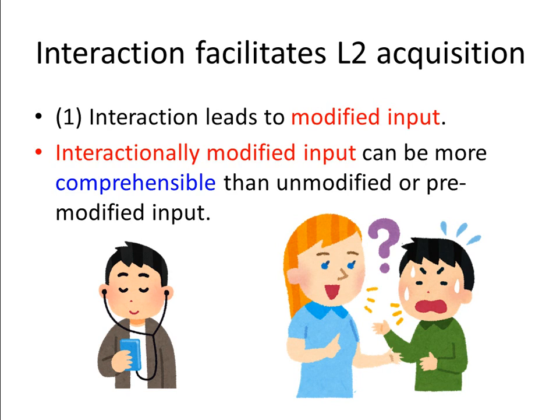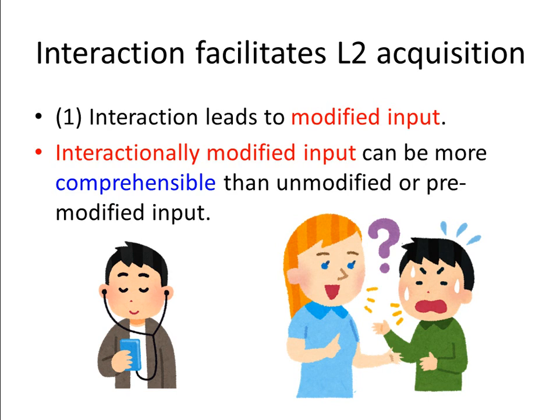I am not getting any response from you. So you are not having interactionally modified input. But if you do, you can get more comprehensible input, more comprehensible than unmodified or pre-modified input.